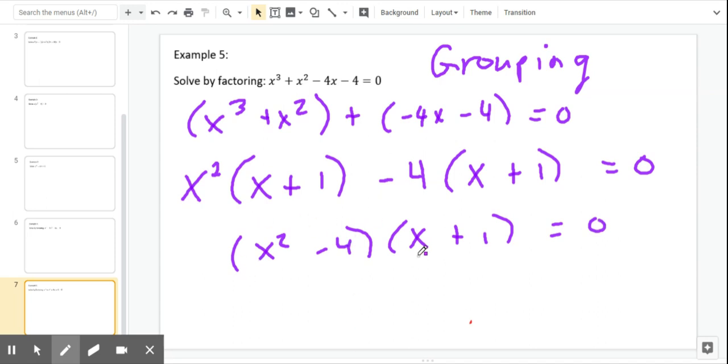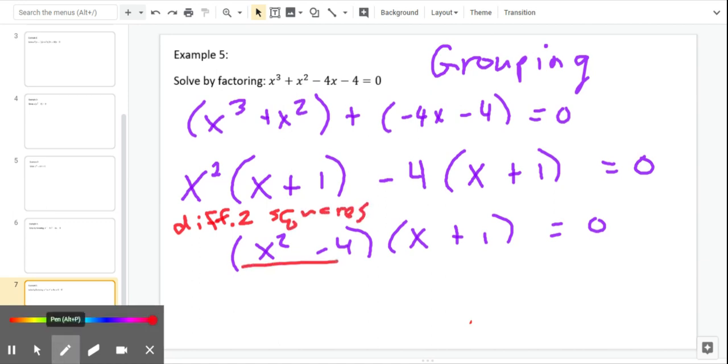It doesn't matter which factor you put first. You could put the x plus 1 first and the x squared minus 4 second. It really doesn't matter. In this, I'm actually going to factor this even further because this is the difference of two squares. Hopefully you can read that handwriting. So we've got a difference of two squares.